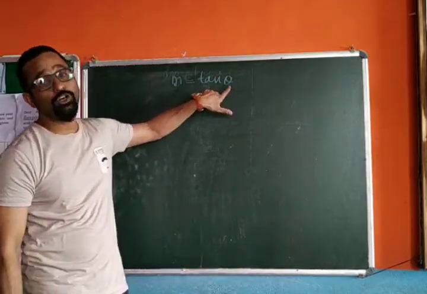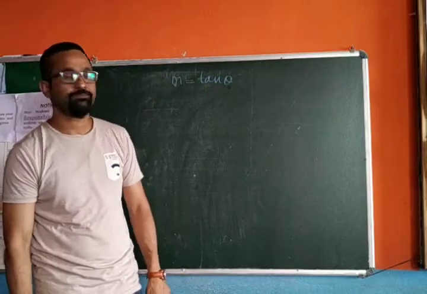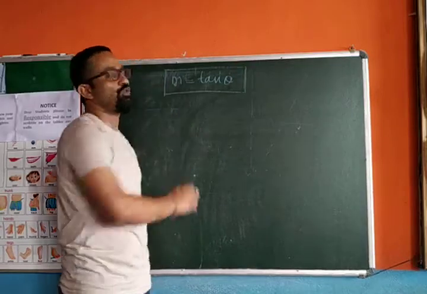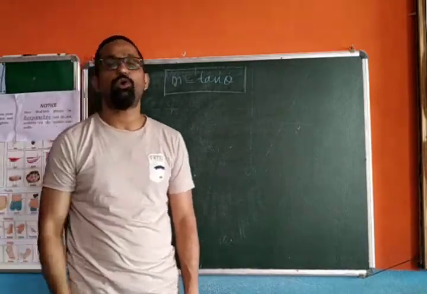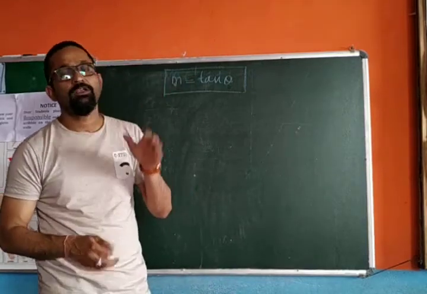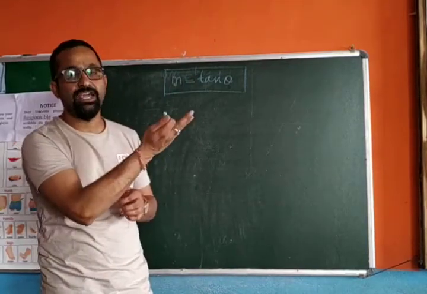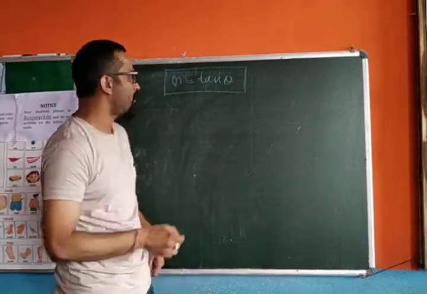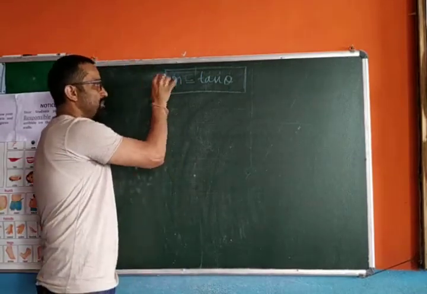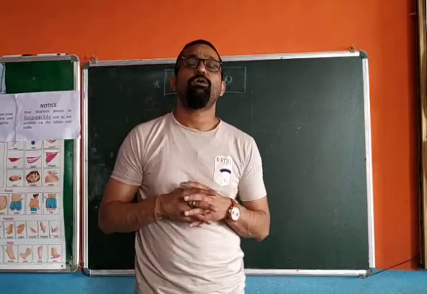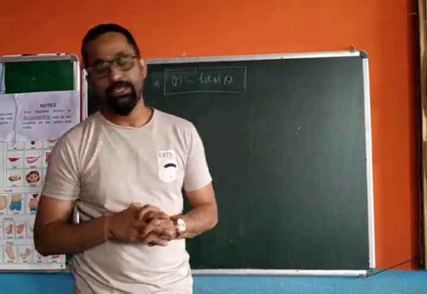Theta is angle of inclination. With the help of this mathematical formula, we can calculate the slope or gradient of line, by what angle the line is tilted towards x-axis. So please do remember this first formula to calculate the slope or gradient of a line.